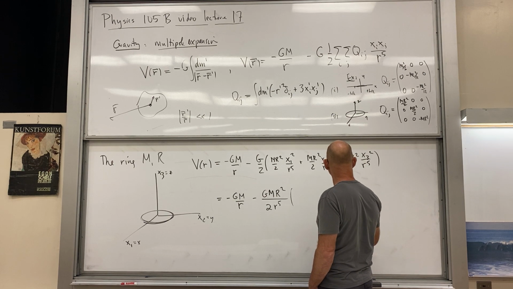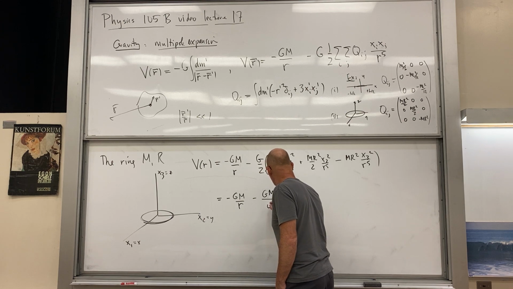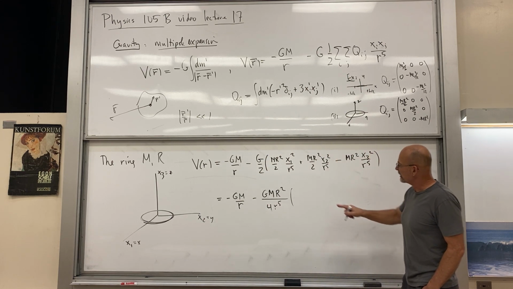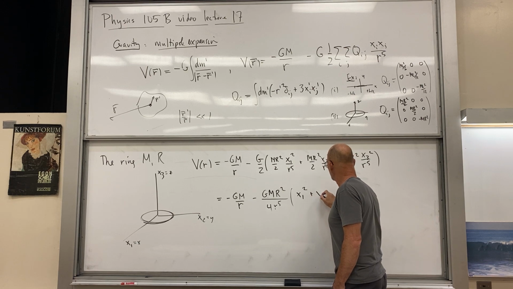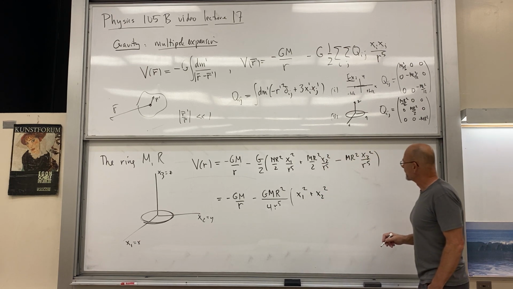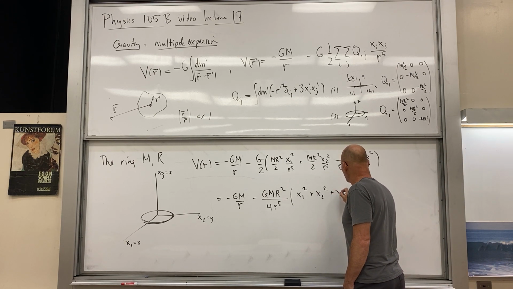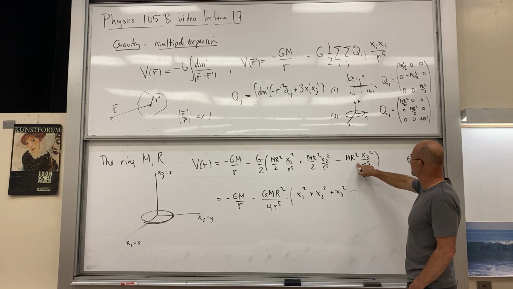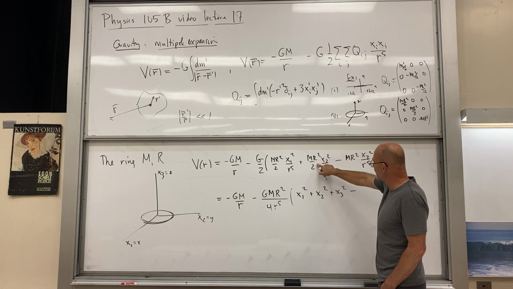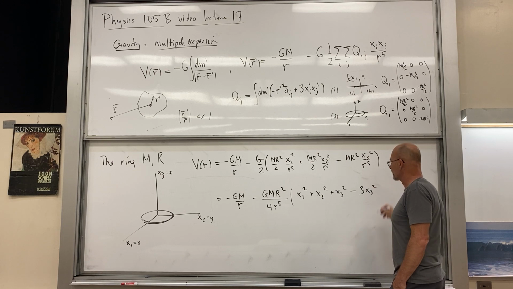Let's go ahead and pull both of them down. So here's what we're going to do. We have x1 squared plus x2 squared. I'm going to add and subtract an x3 squared, so plus x3 squared minus, and since I have 2 times as many of these MR squared over 2, it's going to be minus 3 x3 squared.